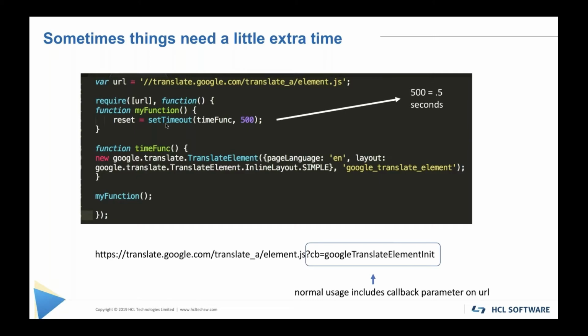The way a time function works is you essentially tell it how many milliseconds you want to wait before you call that code. So in this case, I put in 500. 500 equals half a second, so it's barely noticeable that there's a pause there. But it was enough for it to work.